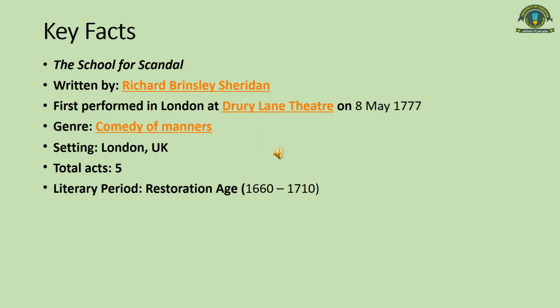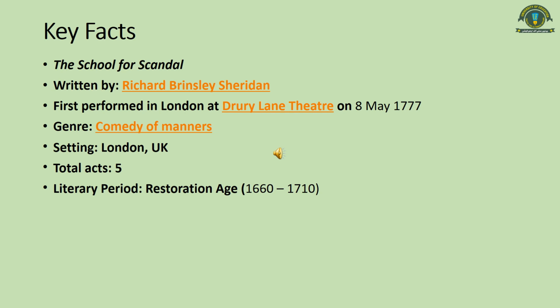So we have the key facts about this comedy, The School for Scandal. The School for Scandal is a comedy of manners. So when we talk about the literary genre of this play, we say that this is a comedy of manners, written by Richard Brinsley Sheridan.